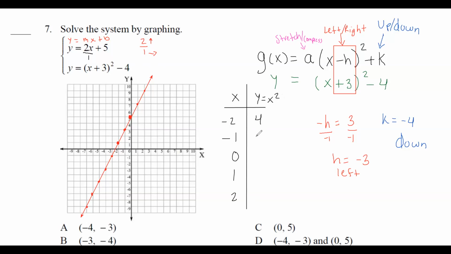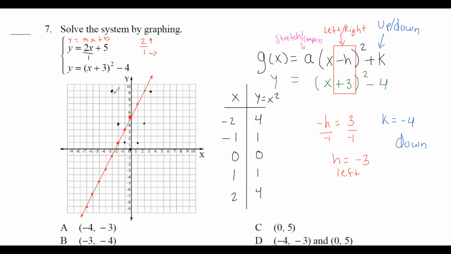Negative 1 squared is 1. 0 squared is 0. 1 squared is 1. And 2 squared is 4. Let's graph the parent function first and then transform it. So 0, 0, 1, 1, 2, 4. Let's add another value. If it's 3, my Y value should be what? 3 squared is 9. Okay, the next ones: negative 1, 1, negative 2, 4, and the last one, negative 3, 9.